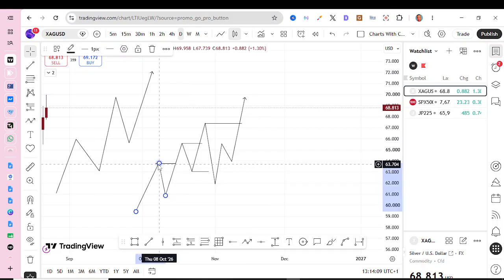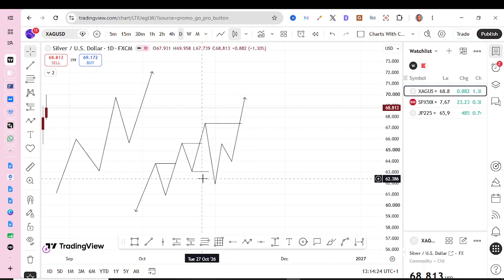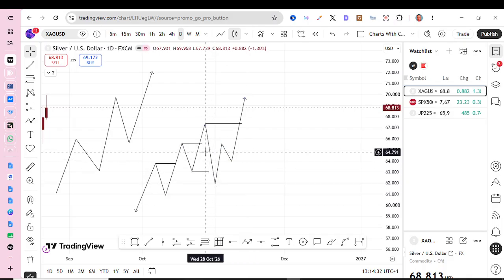Now, this also brings me to higher time frame structure and lower time frame structure, right? Major and minor structure. On the higher time frame, daily, weekly, and 4 hour, this is just an internal range being taken out. But on the 1 hour and 15 minutes time frame, this is more like a change of character.